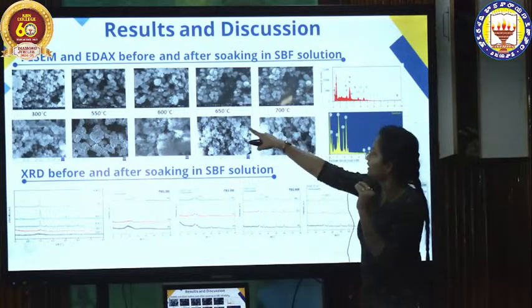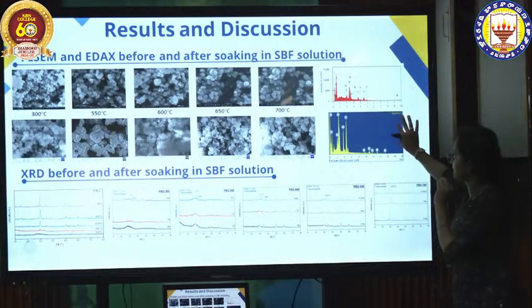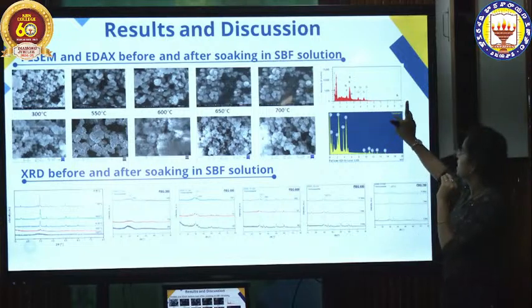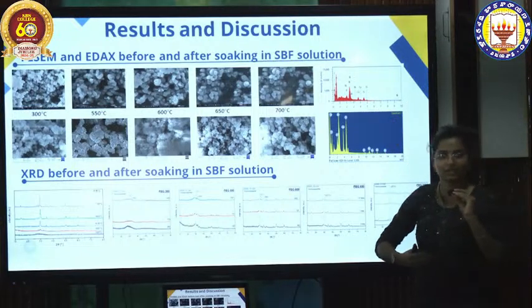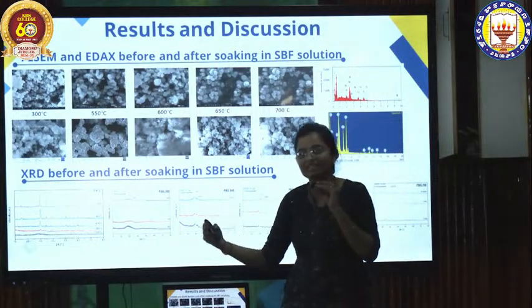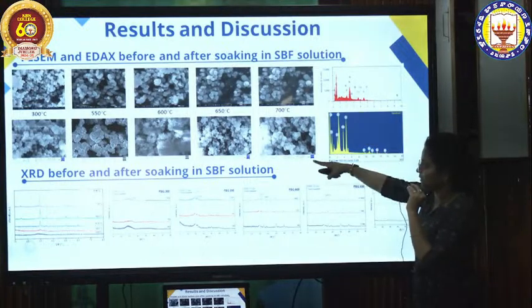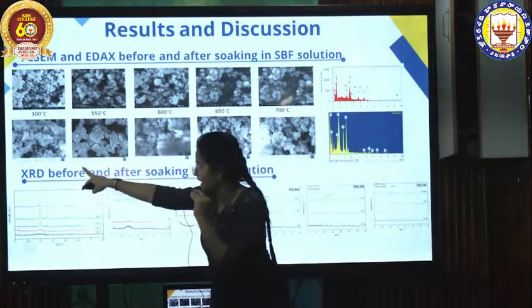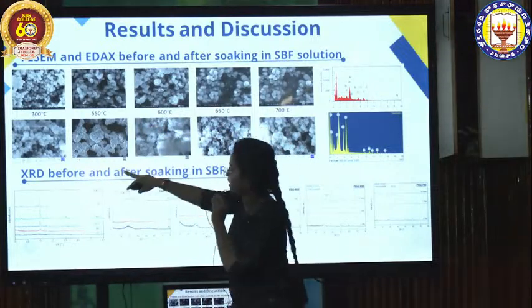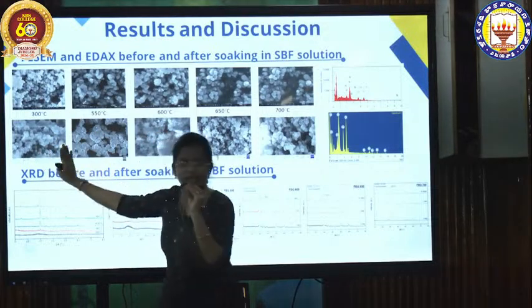This is the EDAX, which confirms the elemental analysis of the elements present in the glasses: phosphate, calcium, titanium, bismuth. Lithium is not visible because we can't see elements with atomic number less than 5 in EDAX. After soaking in SBF for 14 days, I have observed structural and morphological changes, like the spheres being formed with a layer of HAP.